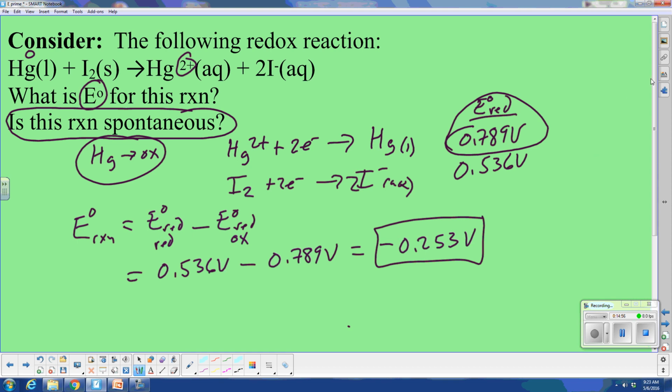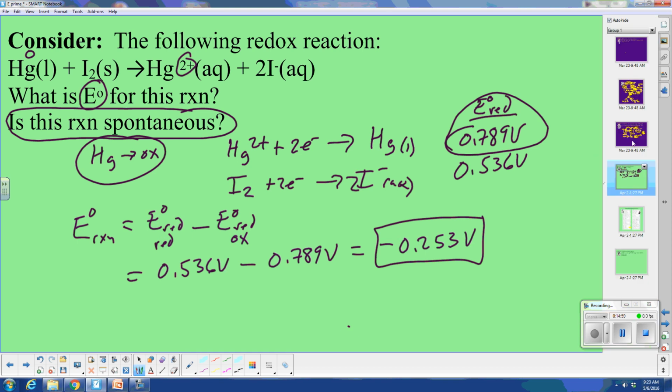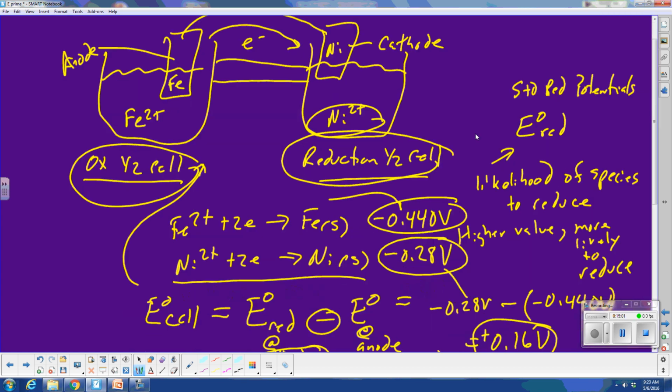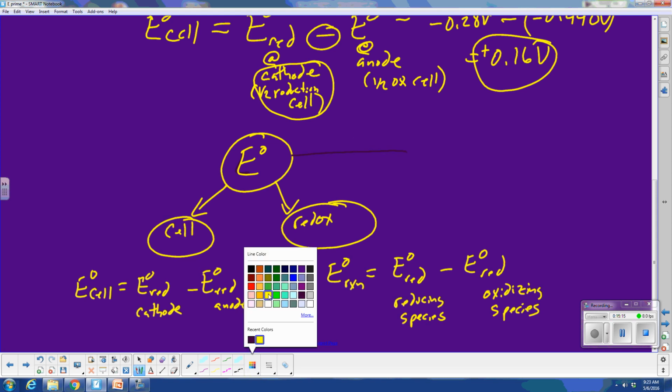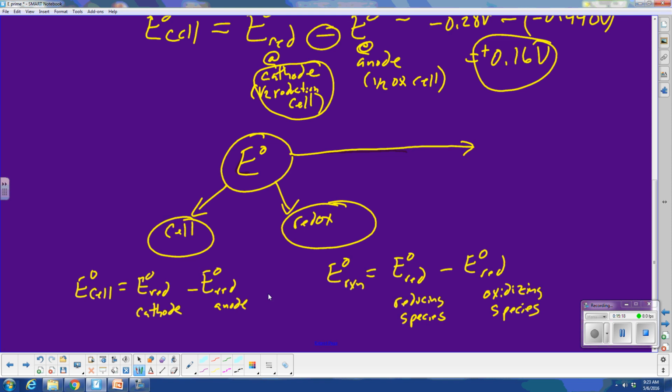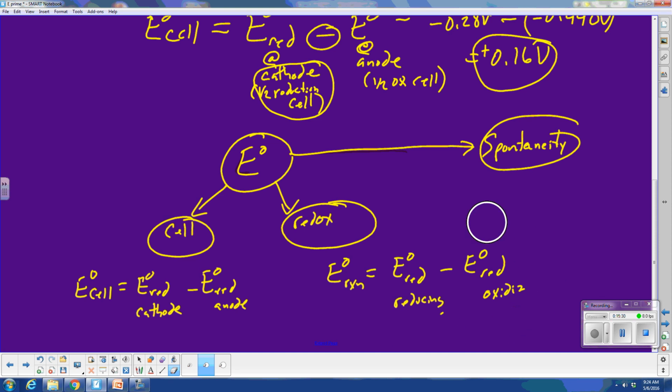about spontaneity. We learned a little bit about spontaneity previously, but let's kind of codify that here. We could talk about spontaneity, and we could relate it to my E. So we can talk over here about spontaneity, and we might want to know what spontaneity means. Let's get rid of this so we can have some more space.